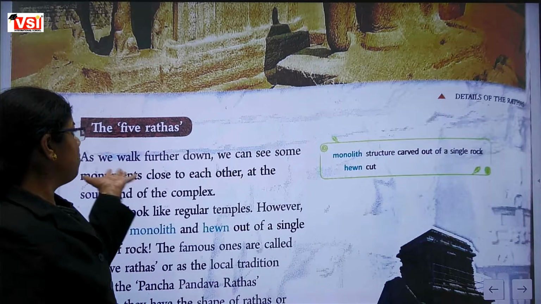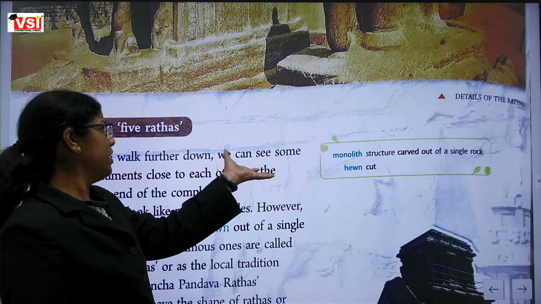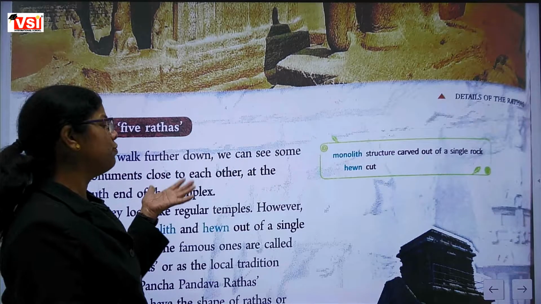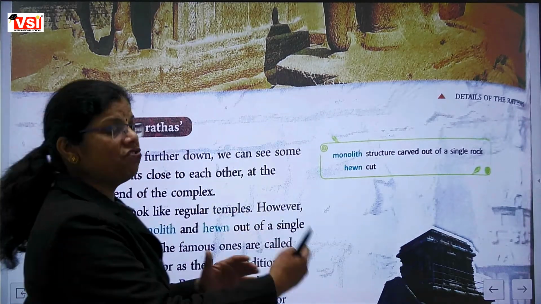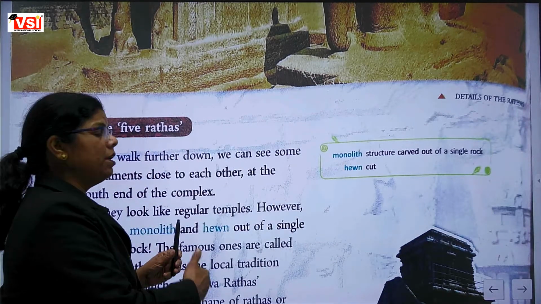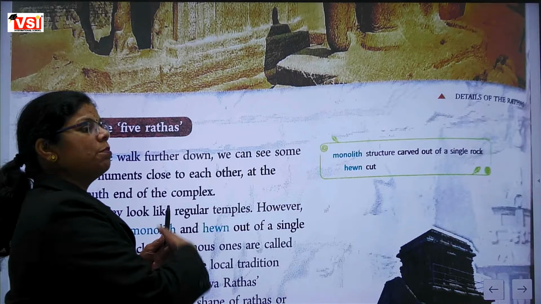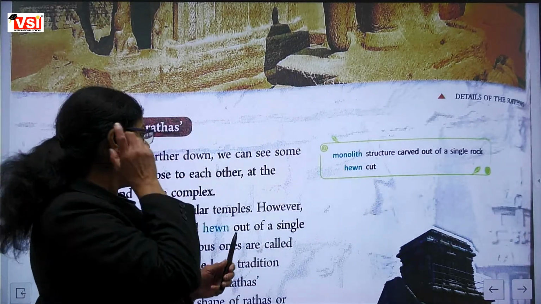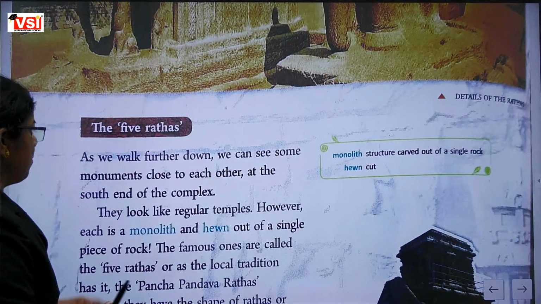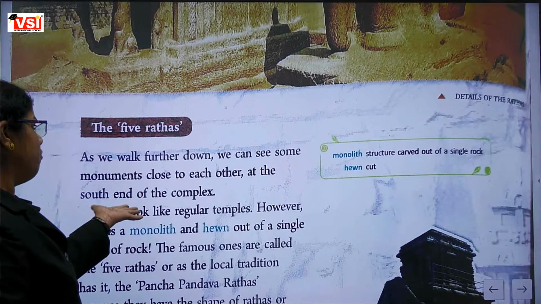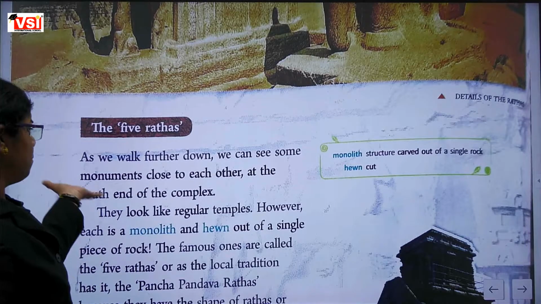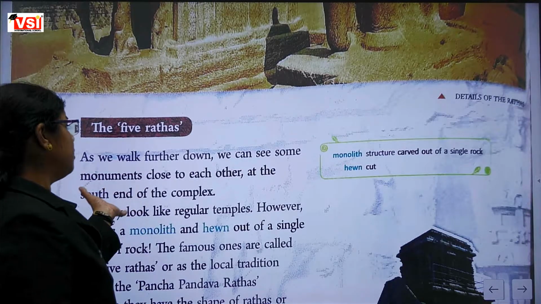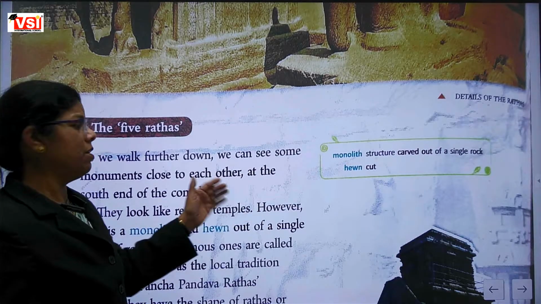Some monuments are close to each other, made next to each other. Means near one temple, one monument, there is a second, third, fourth also. In this way they are made at the south end of the complex. All these monuments are made at the south end.